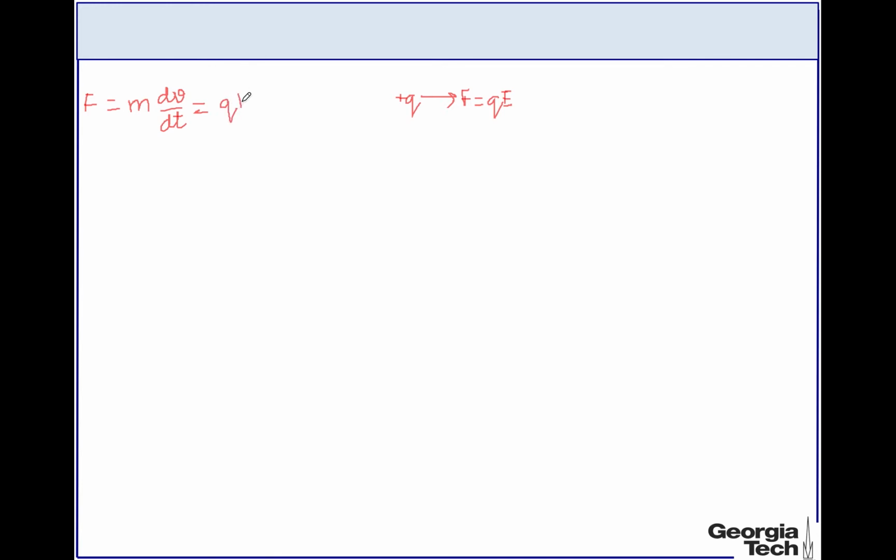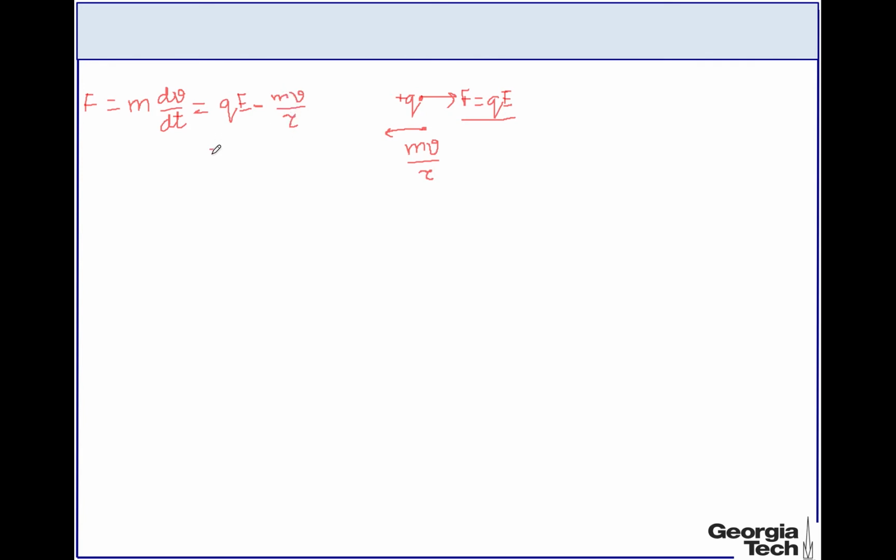Now again, because of the collisions, that puts a drag force on it, and it opposes the force due to the electric field, and this drag force is mv over tau. So basically it's momentum divided by a characteristic time that tells you how frequently this collision occurs.